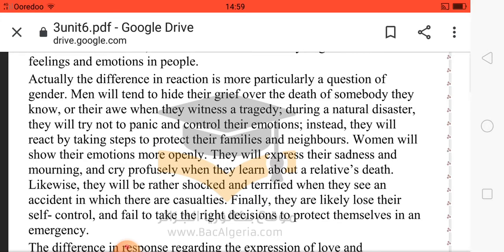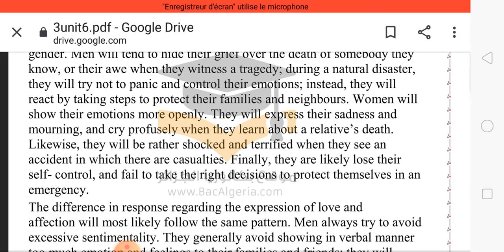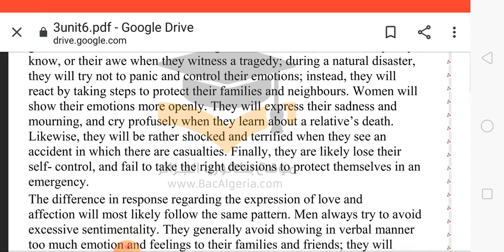Men will tend to hide their grief over the death of somebody they know, or when they witness a tragedy during a natural disaster. They will try not to panic and control their emotions. Instead, they will react by taking steps to protect their families and neighbors.